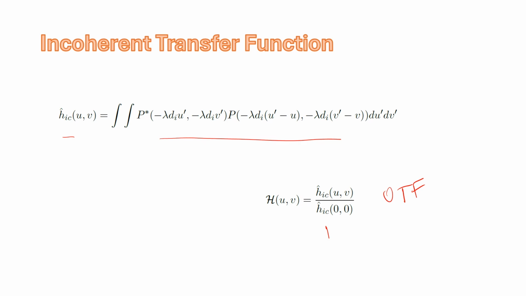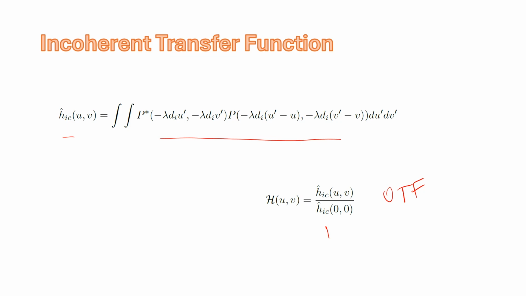So the maximum of this incoherent transfer function is always at 0 frequency. It's a big difference from a coherent system where we could do high-pass filtering and block the low frequency terms. In an incoherent system, the maximum is always at the 0 of the shift of the pupil function, and so the maximum frequency transfer is always at 0 frequency.